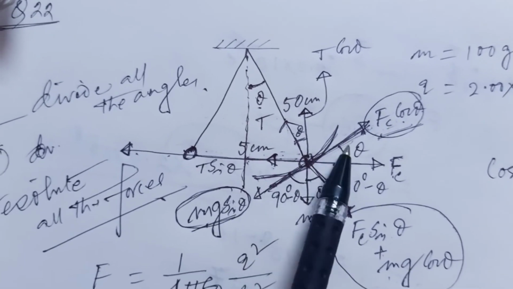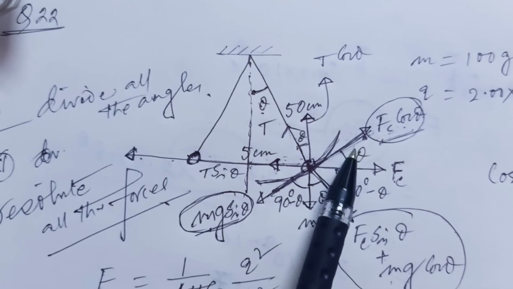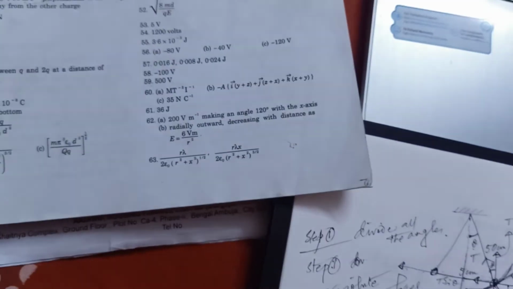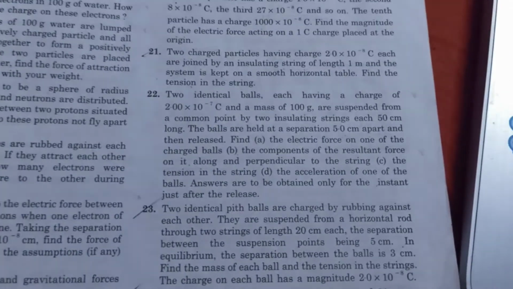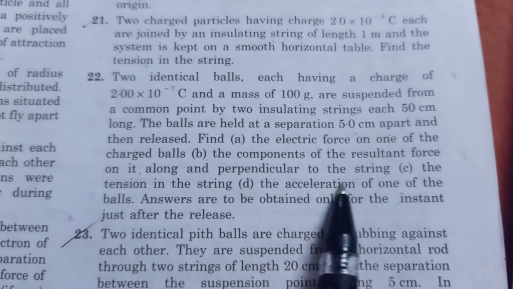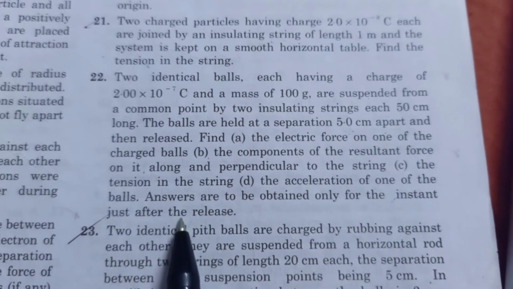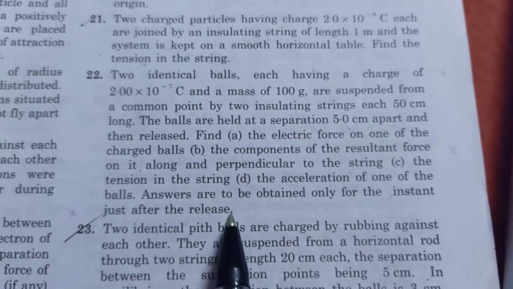At a particular time, the ball comes to rest. So for all the answers, it is given the acceleration of the ball, and assume the answers have to be obtained only for the instant just after the release.